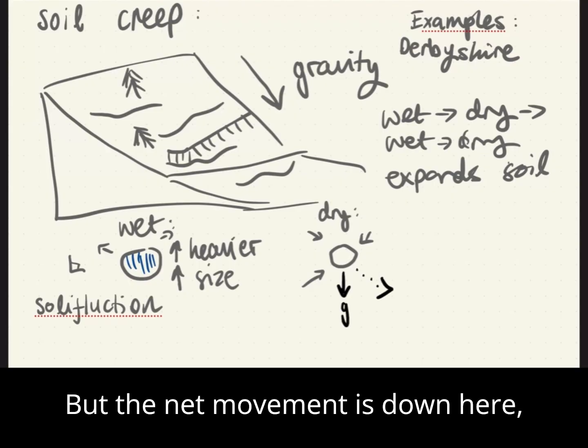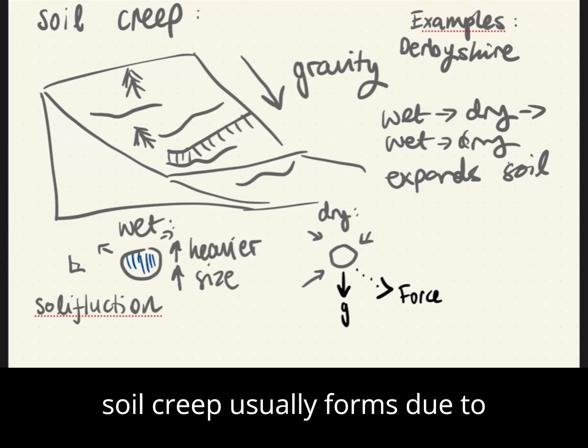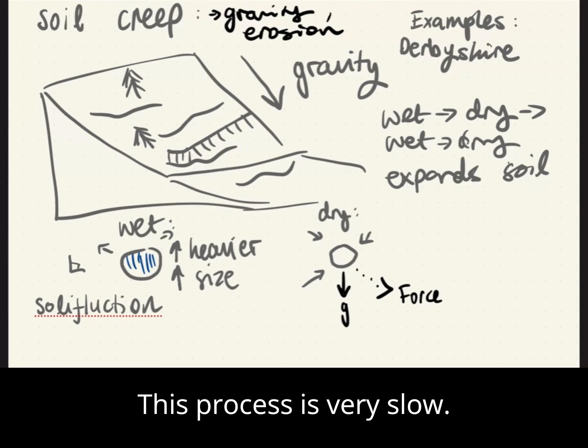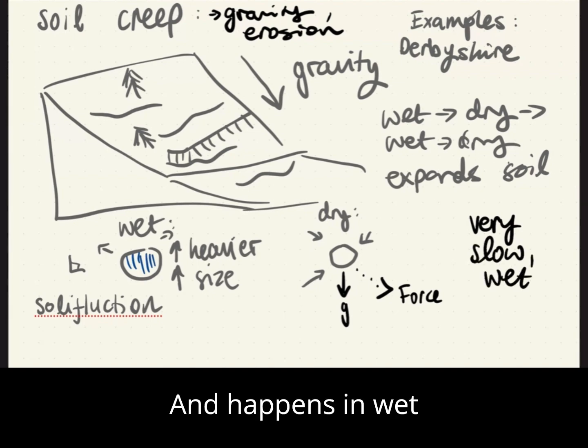But the net movement is down here, if we're really being pedantic. The soil creep usually forms due to gravity and erosion. This process is very slow and happens in wet conditions.